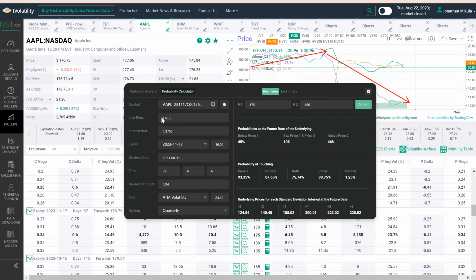So all else being equal, the system is predicting that there's a 45% chance we'll be below 175 at expiration on November 17th. And there's a 46% chance we'll be above price 2. But this is kind of another hack that I want to show for the probability calculator.